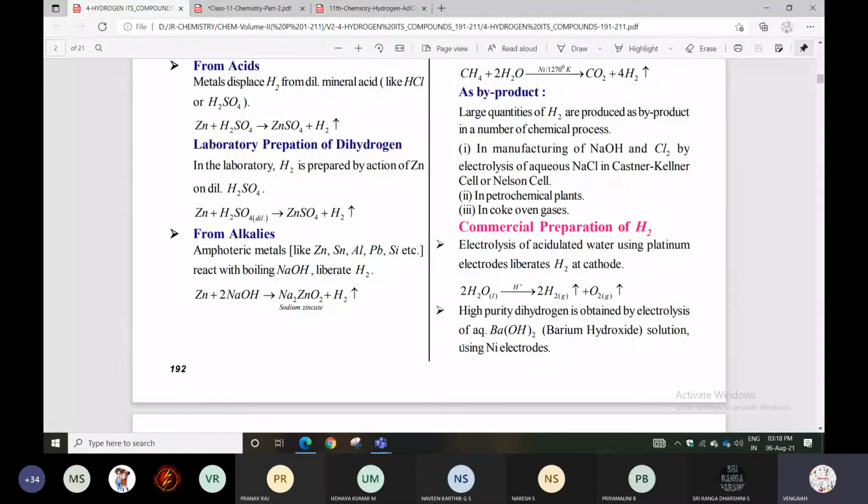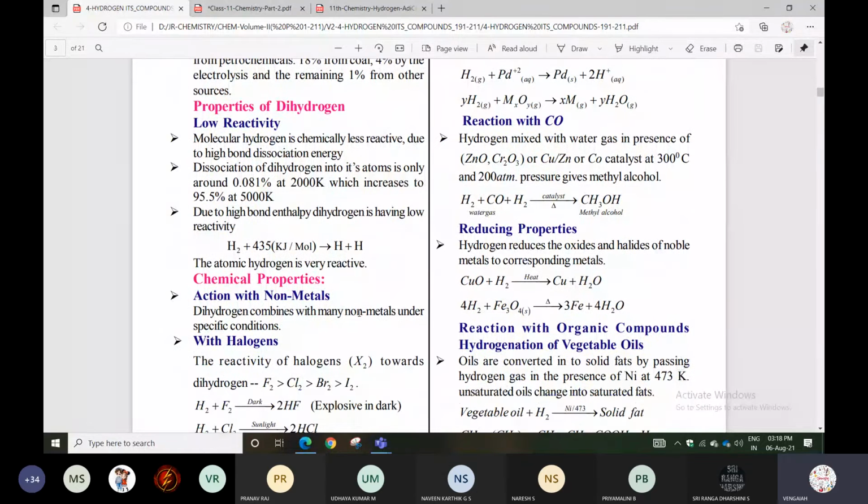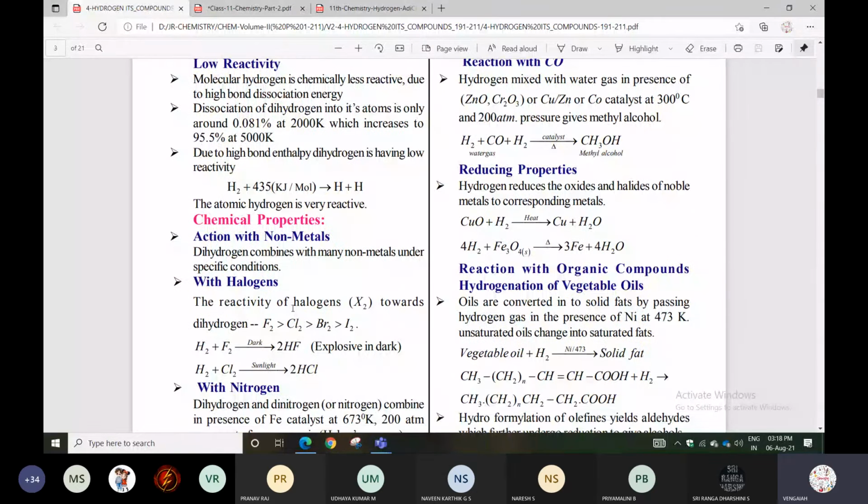Can you see the chemical properties? Dihydrogen combines with many non-metals under specific conditions. They have reactions with the halogens, with nitrogen, with hydrogen, and with sulfur.